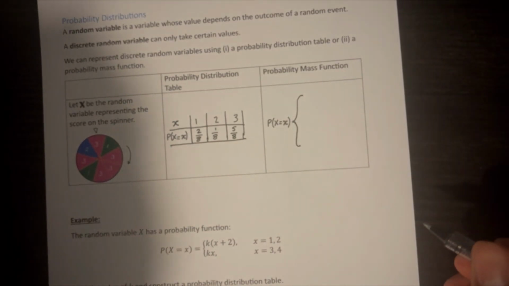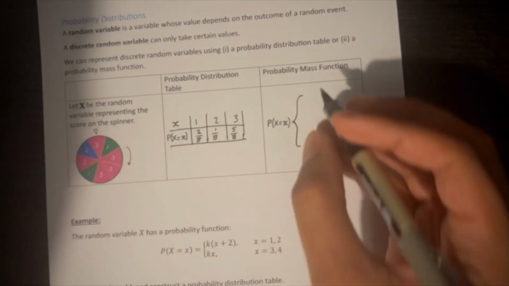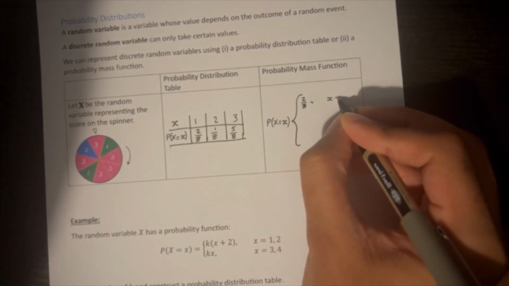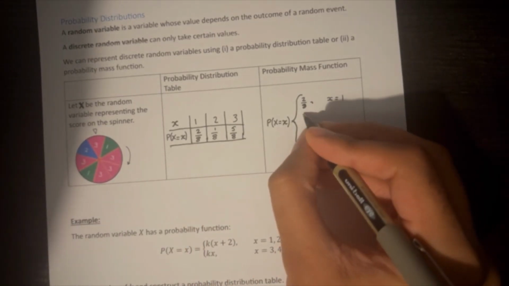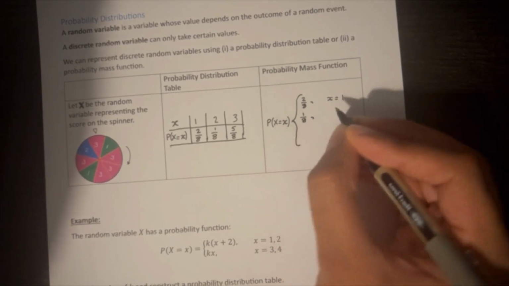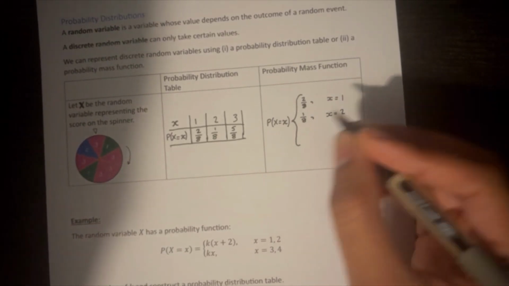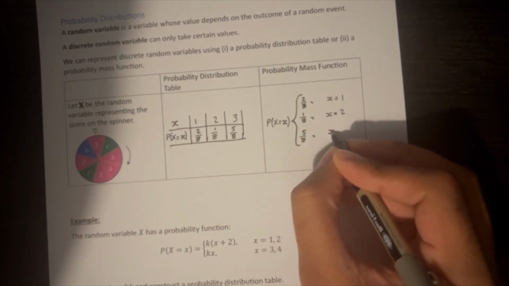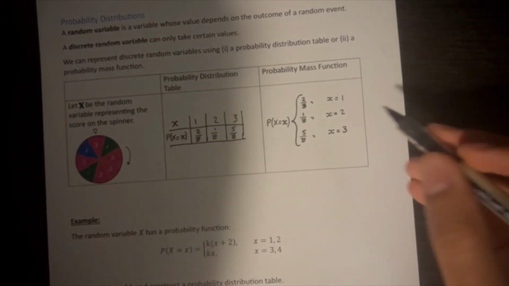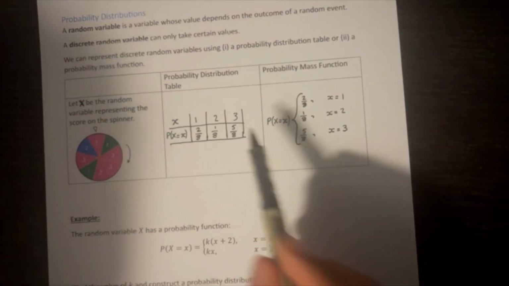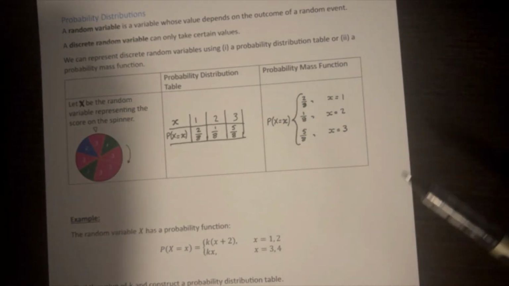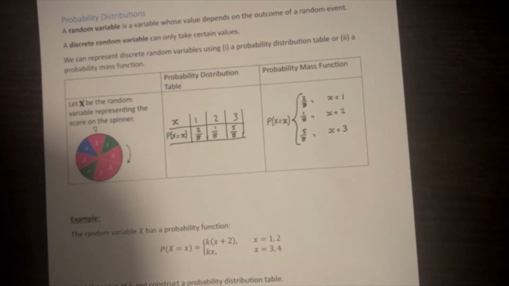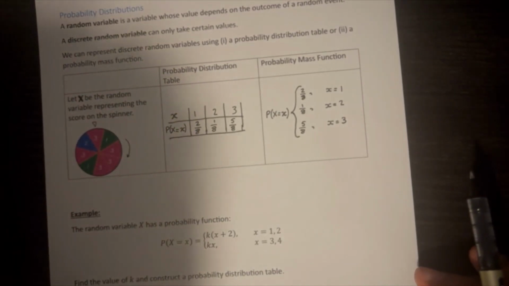So we're saying the probability is equal to 2/8 when x was equal to 1, it was equal to 1/8 when x was equal to 2, and it was equal to 5/8 when x was equal to 3. So we've got 2 different ways of showing the same information. This is writing it as a probability distribution table, and this is it written as a probability mass function.